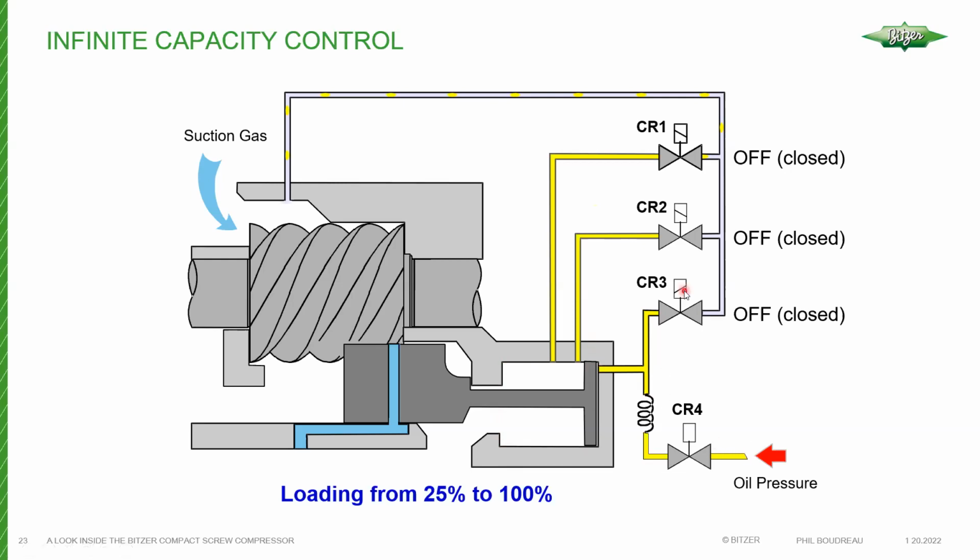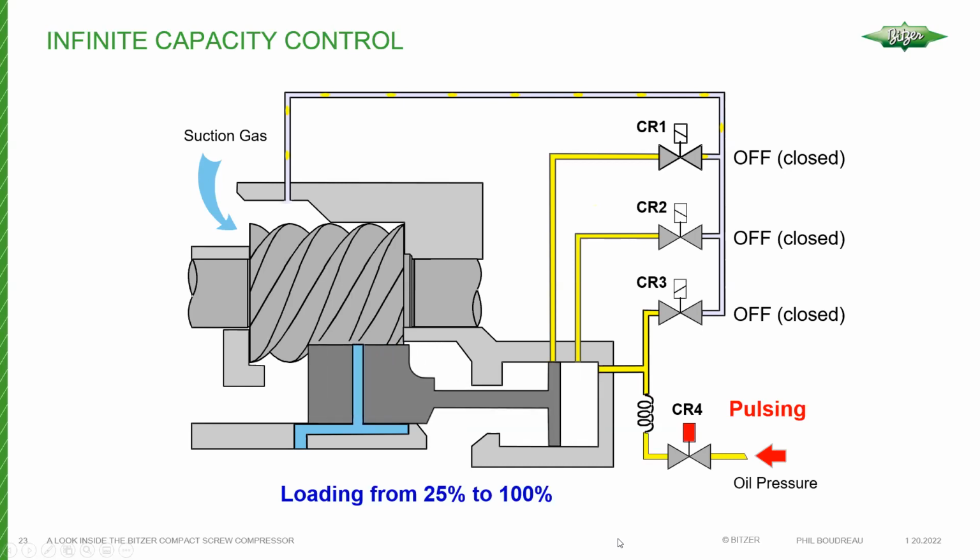So we have an unloading solenoid and a loading solenoid. If we want to simulate loading from 25% to 100%, it would look something like this. Note the gap is closing, and now we're loaded. So we have the full effective length of the rotors being used to compress refrigerant from low side pressure to the high side pressure.